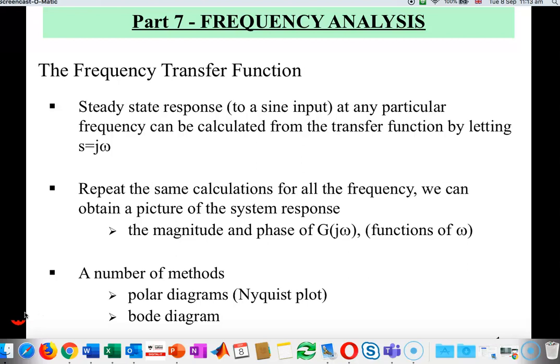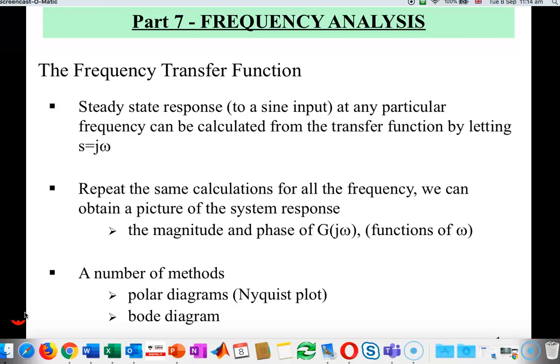But in this part, we're going to change the input from a step or a ramp. We're going to look at sinusoidal inputs. Now, if you think about sinusoidal inputs, you will have amplitude, you will have different frequencies, and you're going to have some initial phase angles as well.